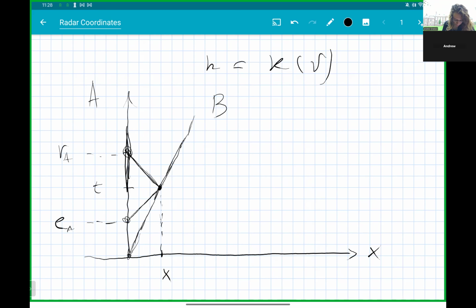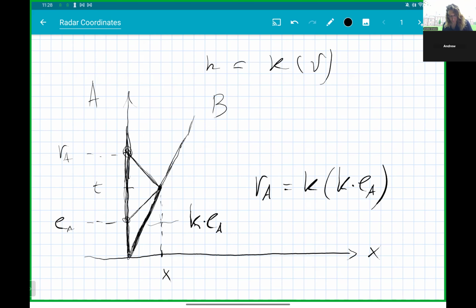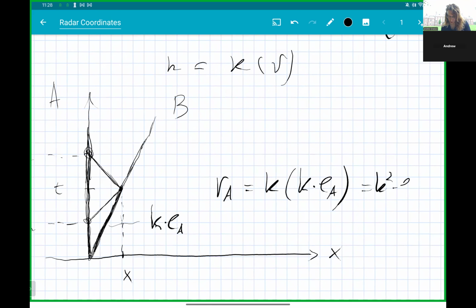From our previous treatment, we know that this distance is K times EA, right? And we know that this distance, RA, is K times this. So it's K squared times EA.